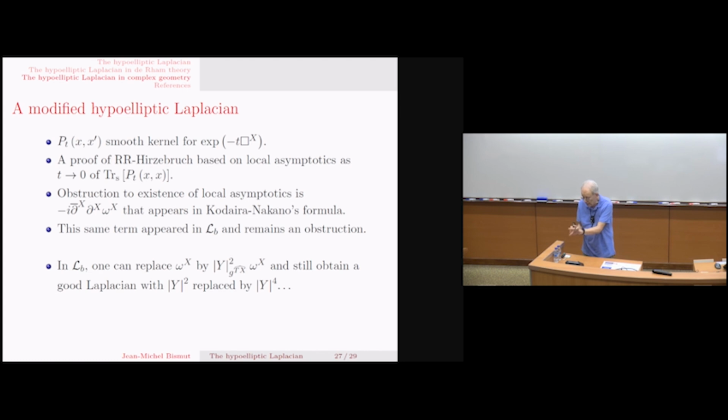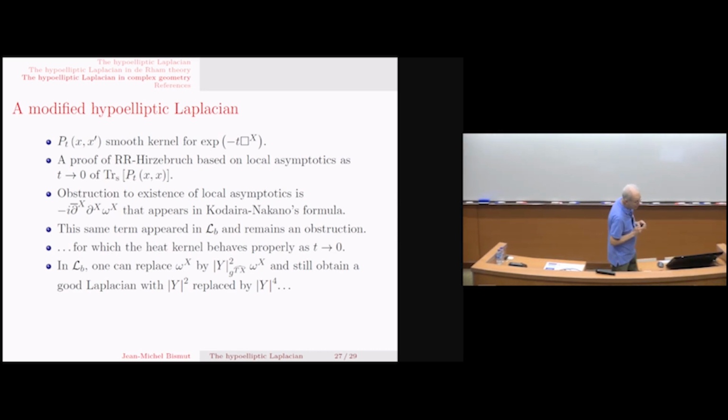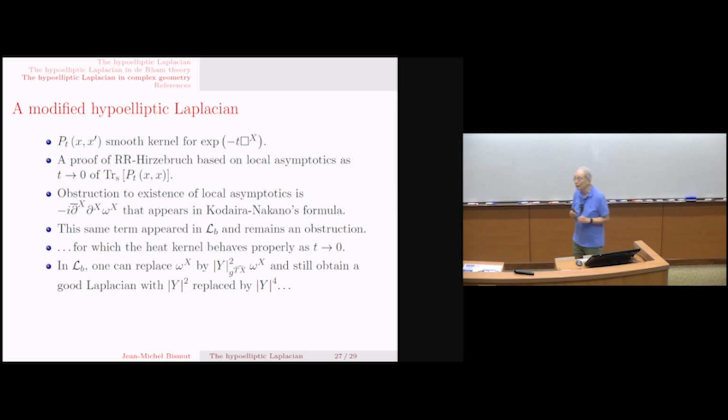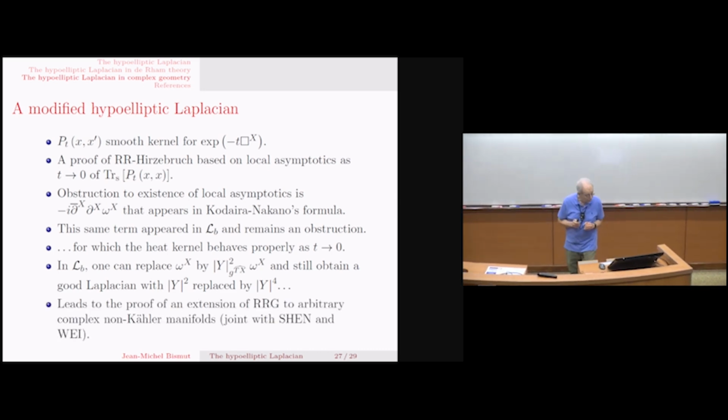We're going to scale omega x by y squared omega x. We're going to take a Kähler metric on the base which depends on the coordinate in the fiber. This obviously was absolutely impossible in the classical Hodge theory. We did not see the point in the fiber. If we do that, it turns out that the analytic obstacle I was mentioning before is lifted.